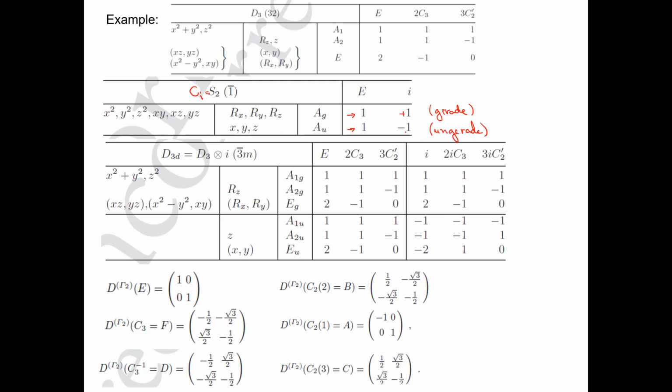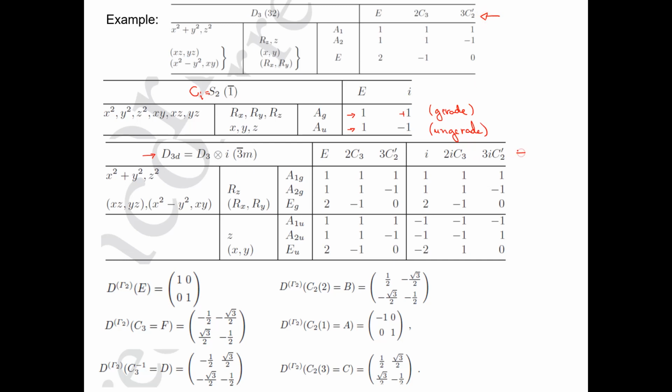All right, so let's see then how you construct the direct product group D3D. I think we've seen this last time also. You take all the symmetry operations of the original group. We have identity, threefold rotations and twofold rotations. These are the symmetry operations of the original group, and you combine them with the inversion.